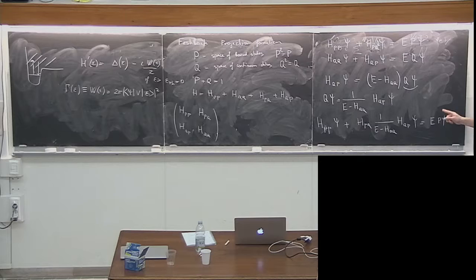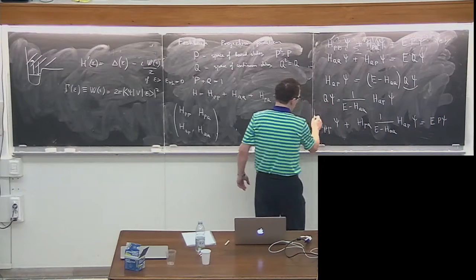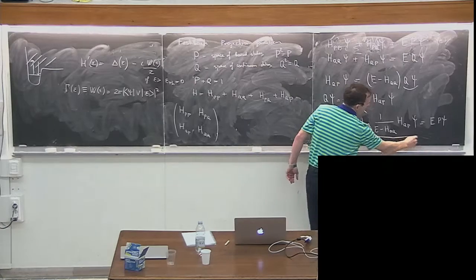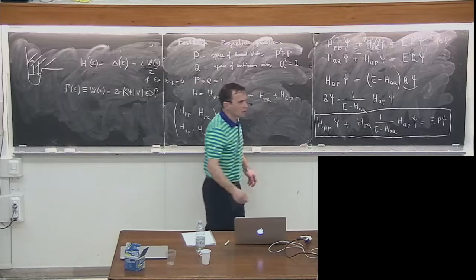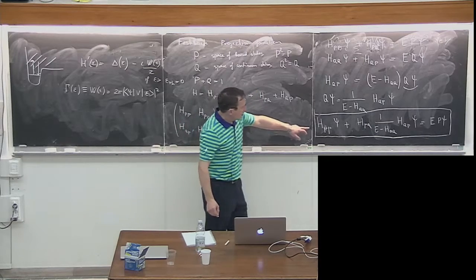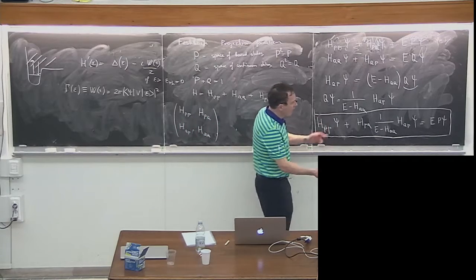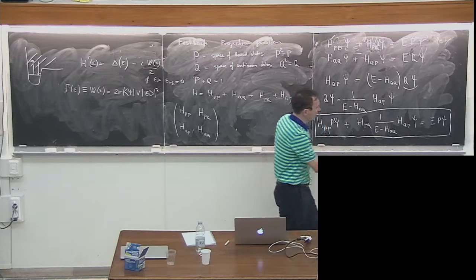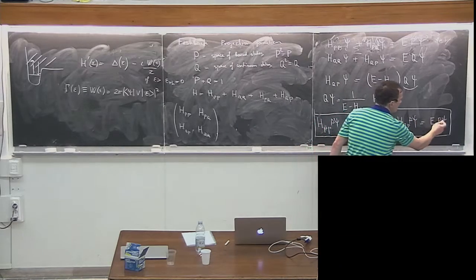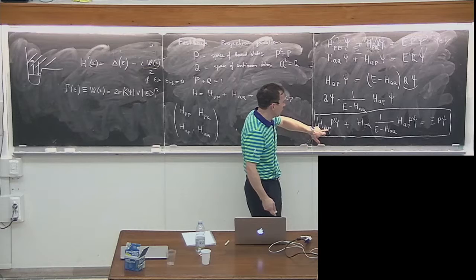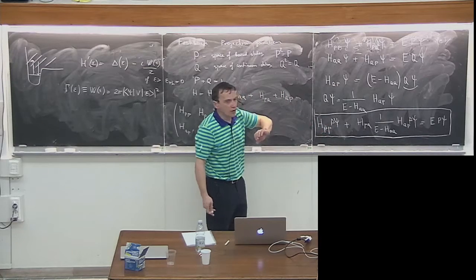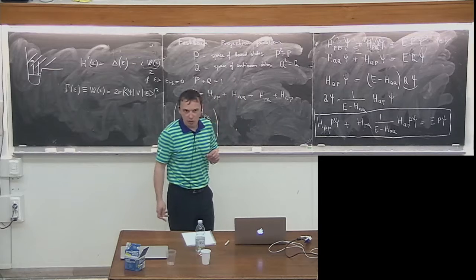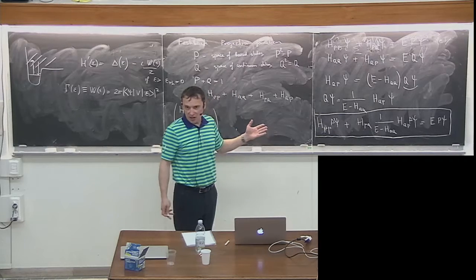Okay, so this is my final equation, and the nice part is that this equation is exclusively for the P space. I'm free to put P psi everywhere if I wanted to, because it's not going to change anything since I always have P acting on the component. So this is an equation for P space evolution. It is an exact equation.